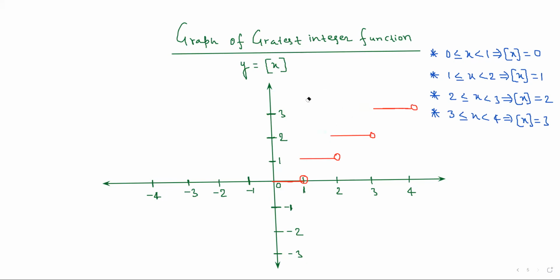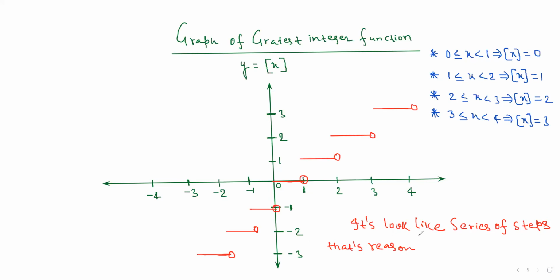I think that should be clear. The same thing is happening, and the graph looks like this, the same situation again and again. So this graph looks like a series of steps, which is why it is called a step function.